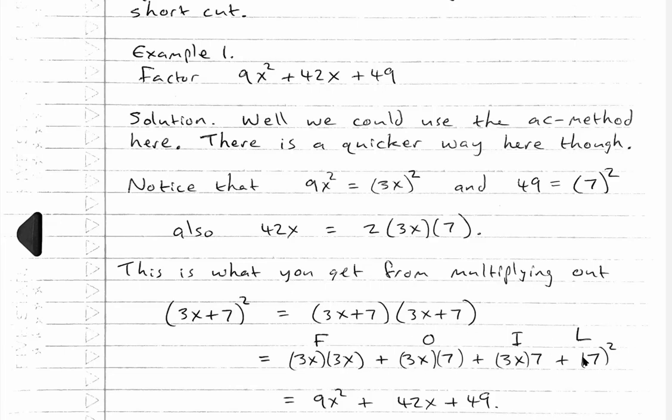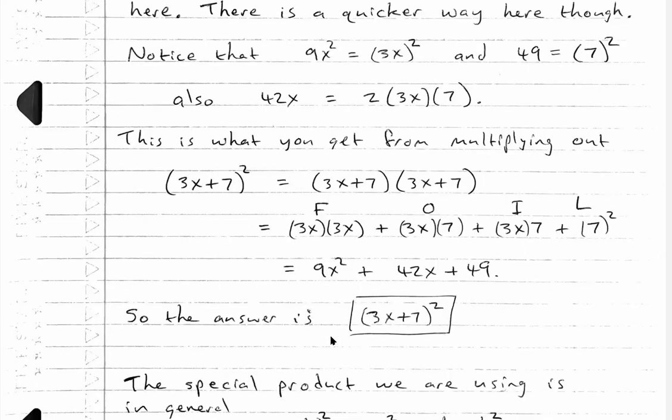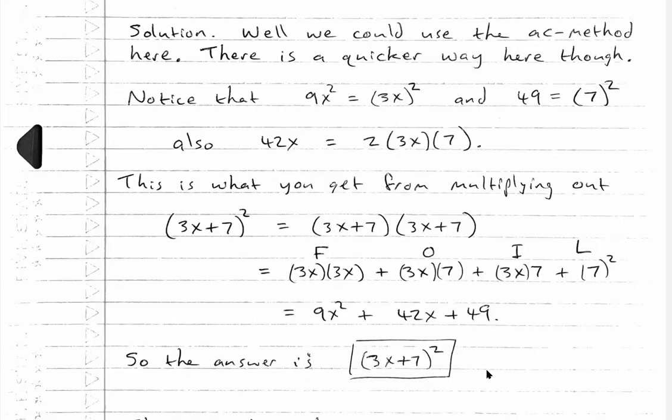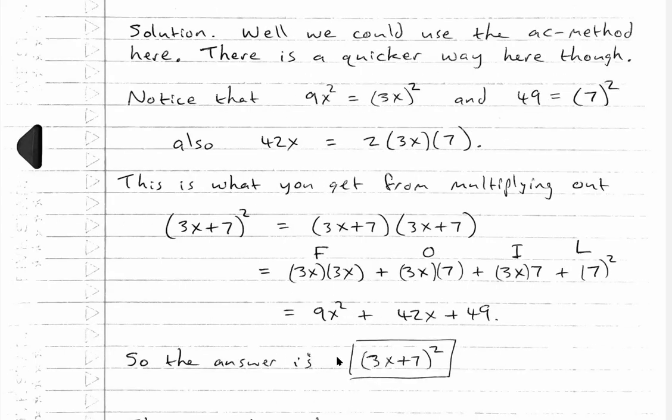You're getting 7 squared from the last term, and from the outer and the inner, you're getting 3x times 7 plus 3x times 7, so twice that combination. So we factored the original trinomial. It is a perfect square. It's 3x plus 7 times 3x plus 7.